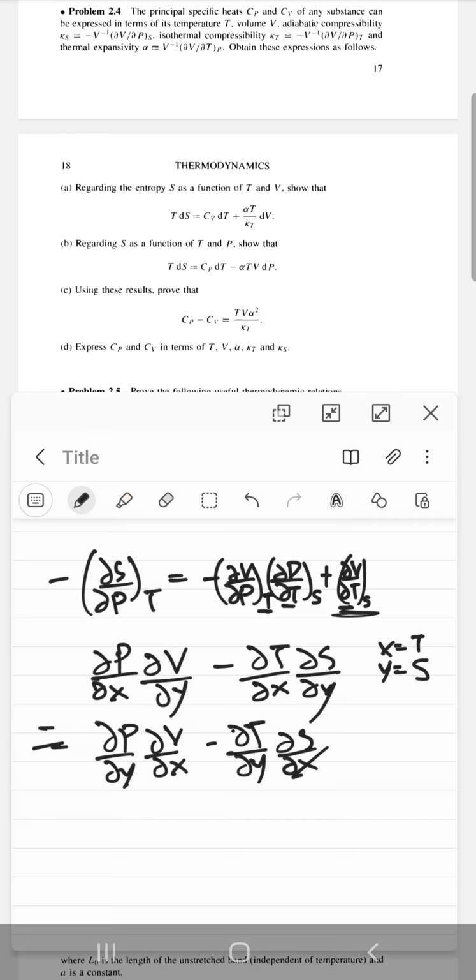Partial P by partial T. So with pressure and entropy, this would work. P, P and T, right? P, T and S is not actually useful. But how do you even get rid of that? Yeah, you probably can't. Wait a second.